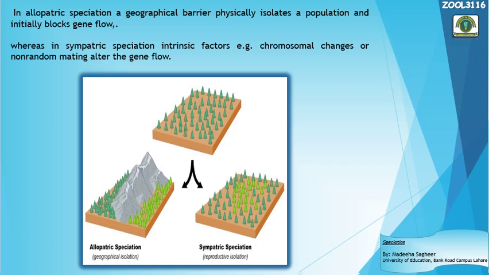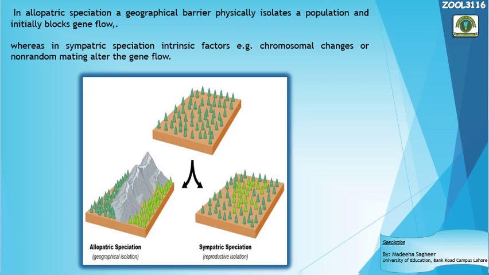Whereas in sympatric speciation, intrinsic factors, for example chromosomal changes or non-random mating, alter the gene flow. As we talked in the maggot flies example, what happened, they did not mate randomly, right? If they did mate randomly, then they could mate with individuals of a different host, right?